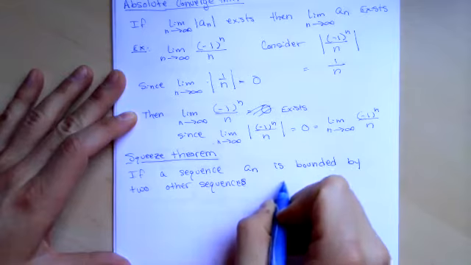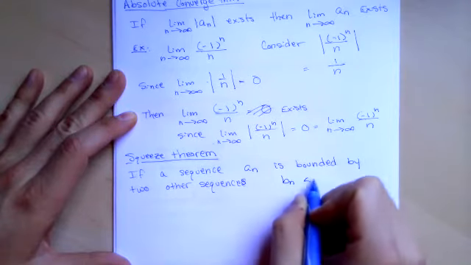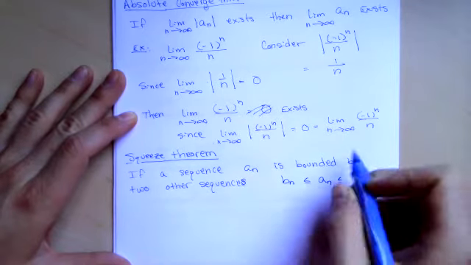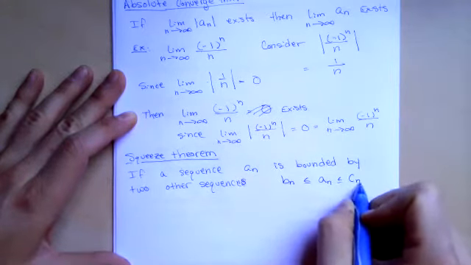say, let's say we have b_n is always less than a_n, or it could be less than or equal to, which is less than c_n.